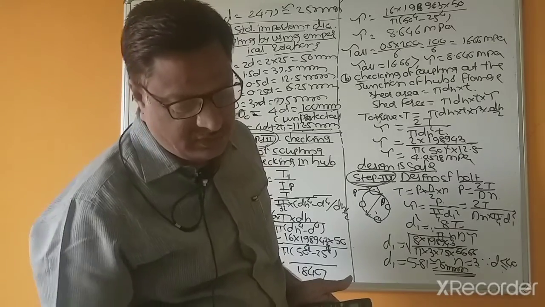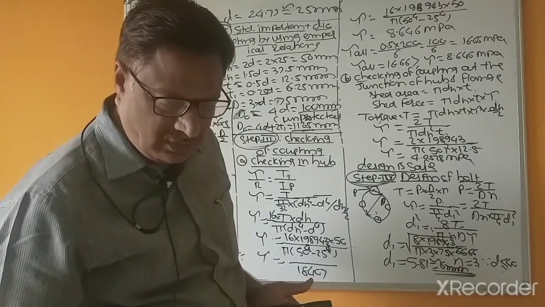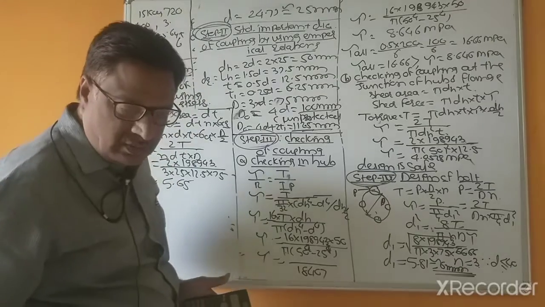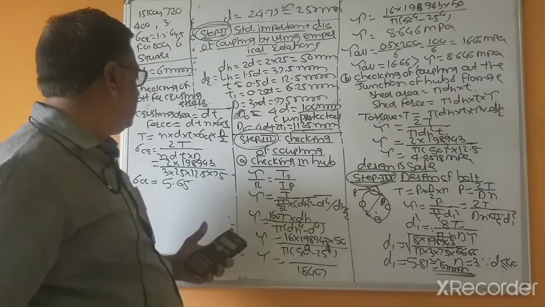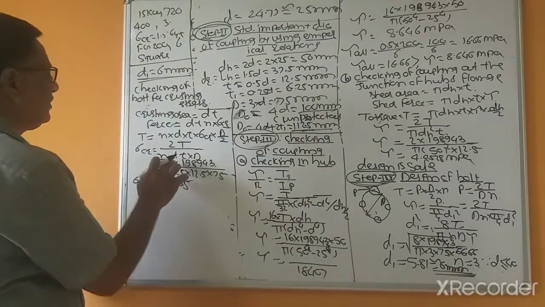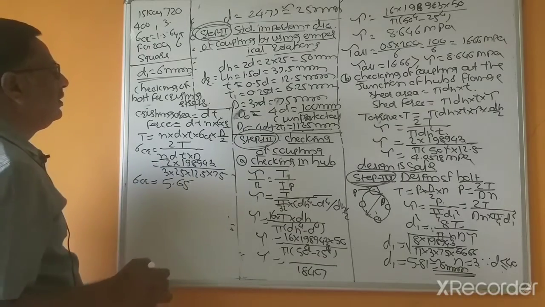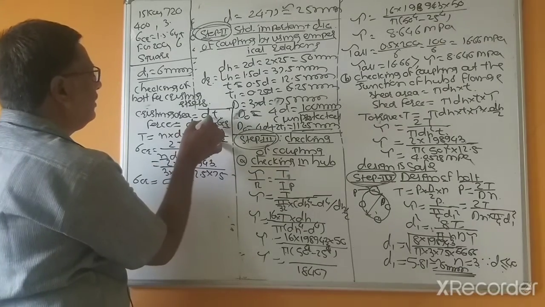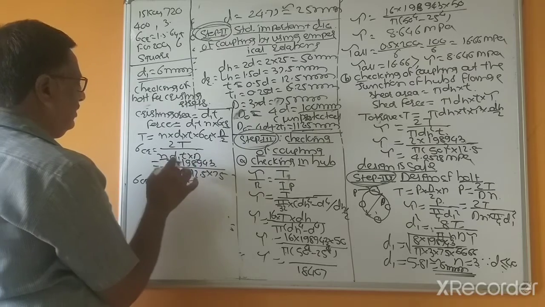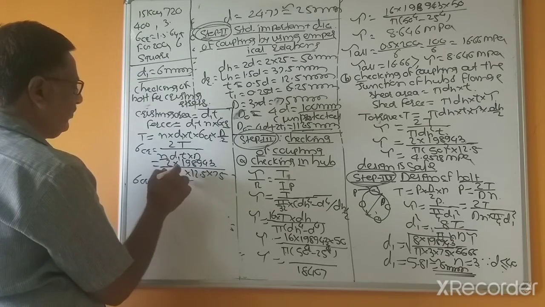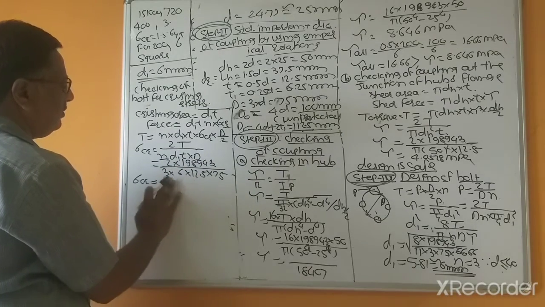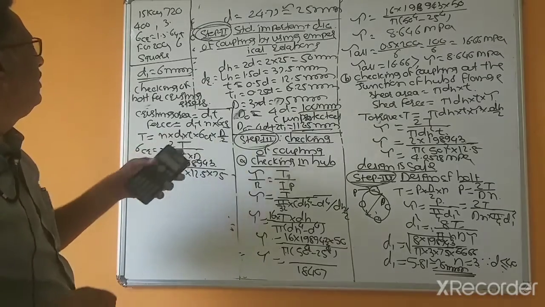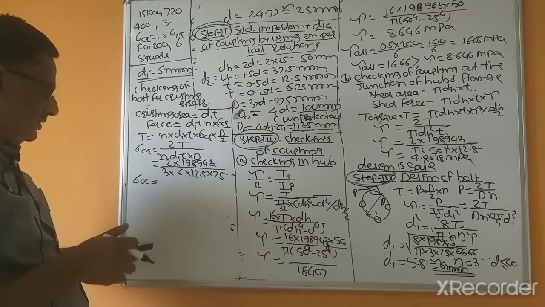Crushing stress equal to, we made a mistake, yes, this is not D, this is D1, this is D1. That's why here it's 6. Such types of mistakes may happen during examinations, but D1 is the diameter.